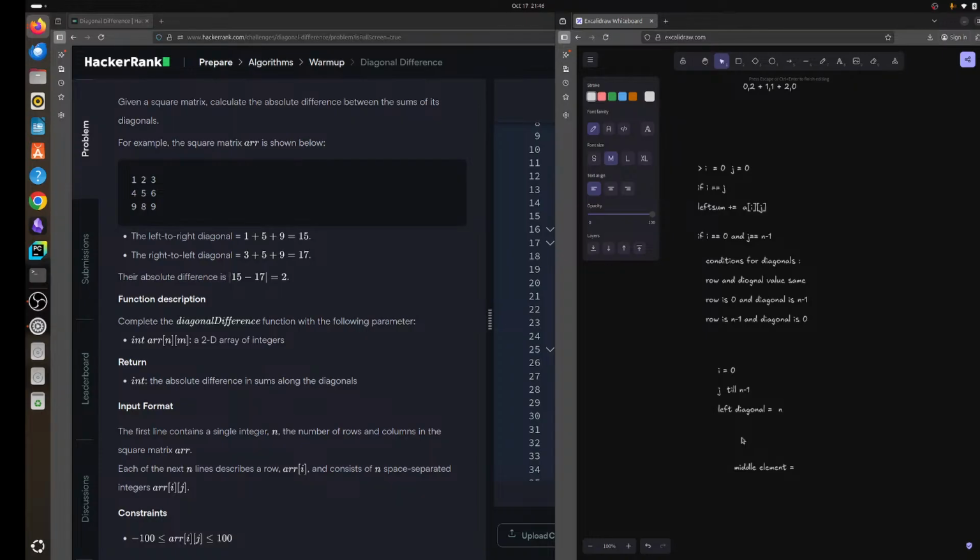The leftmost element is a diagonal element. For the right side diagonal, the right diagonal element will always be i equals 0 and j equals n minus 1.